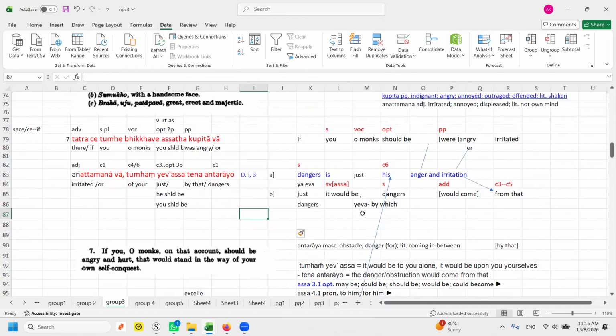So I put here, tena and yena are always in a pair. Tena, by that. And this is of you, by that. Here is tumhang, which means of you.